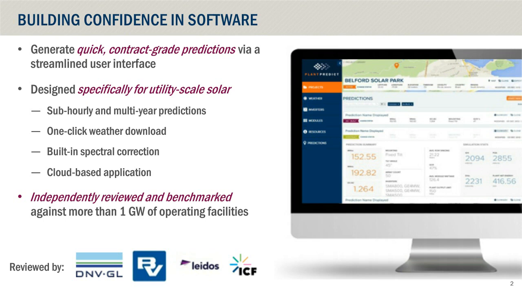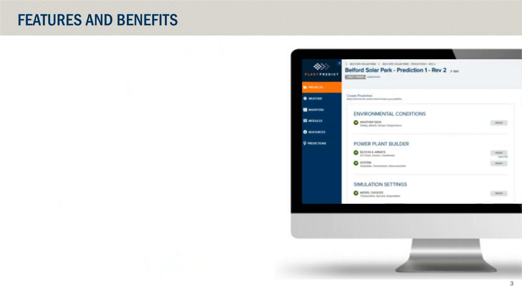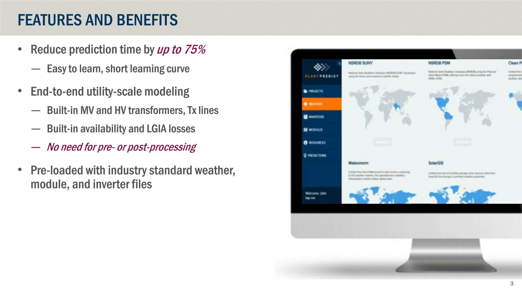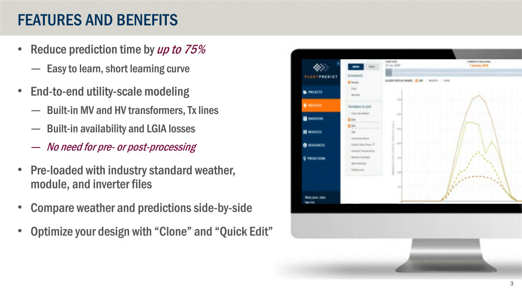So I mentioned PlantPredict's main value is that it really speeds up the process to getting an energy prediction. How did we do that? Well, one of the things we saw in other processes or previous processes is that people were running other pieces of software multiple times for large power plants.